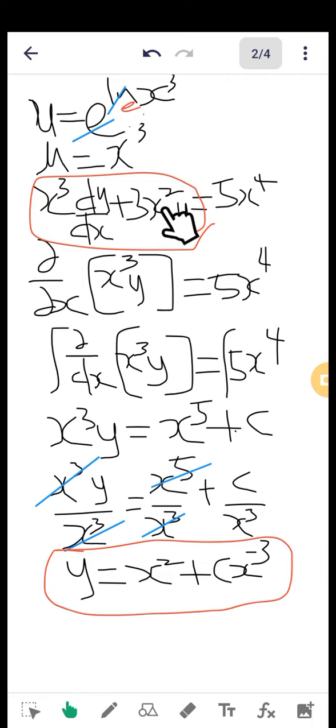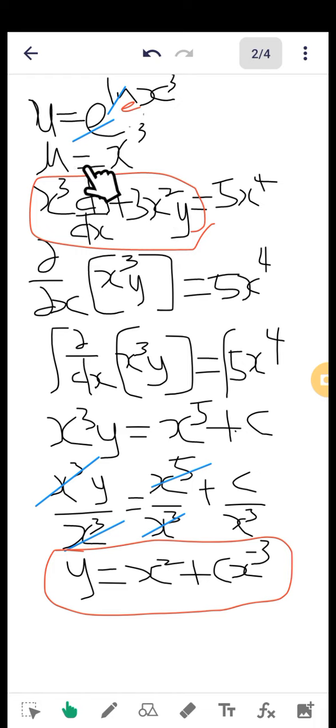So this can be written as the derivative of the product x cubed and y. When we differentiate y, we keep x cubed constant, and attach dy/dx to it. Then plus, we keep y constant and differentiate x cubed, giving 3x squared.